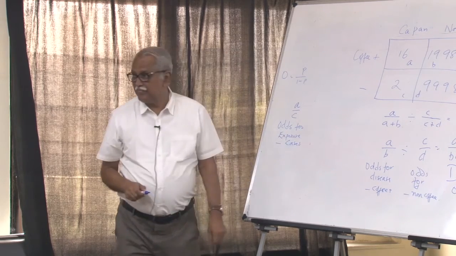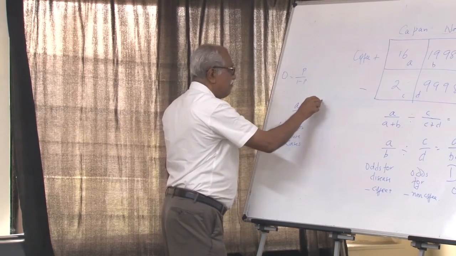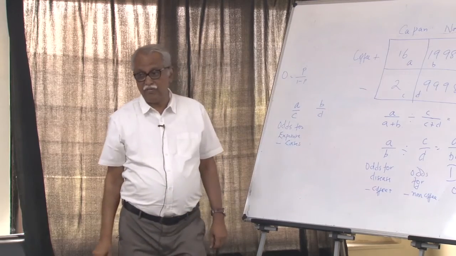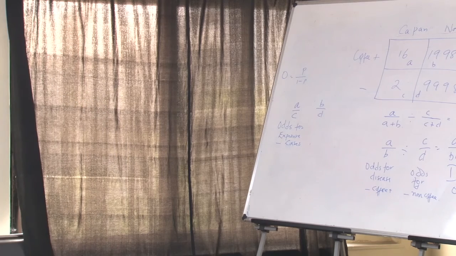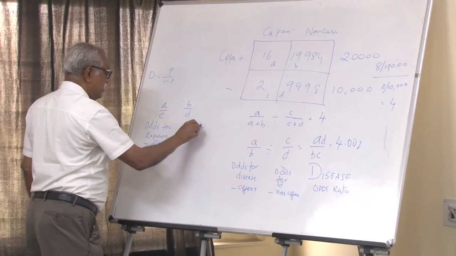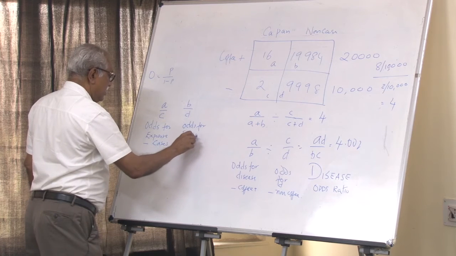The guy puts down B by D. Again, we ask the question, what is common about B and D? They are all healthy people, non-disease. What is different? B drink coffee, D don't drink coffee. So we say this is also odds for exposure among non-cases.